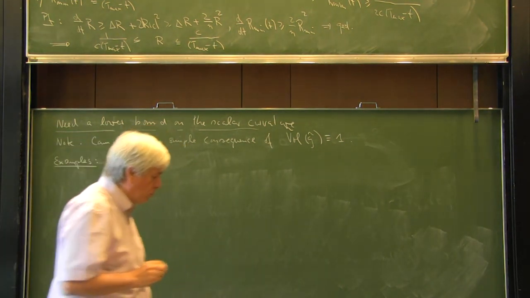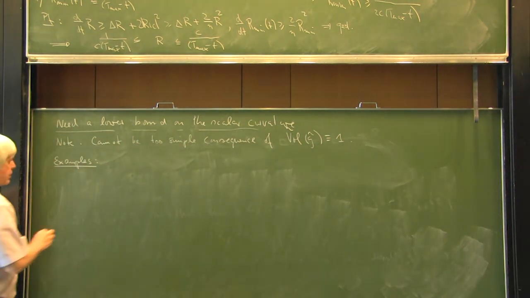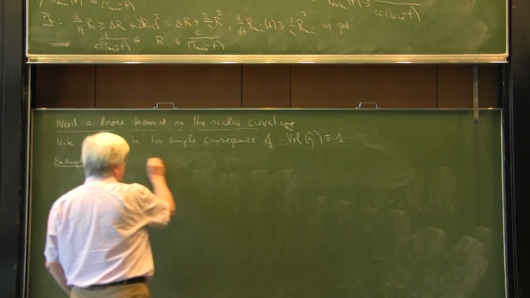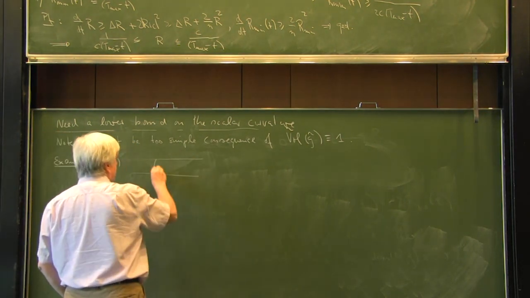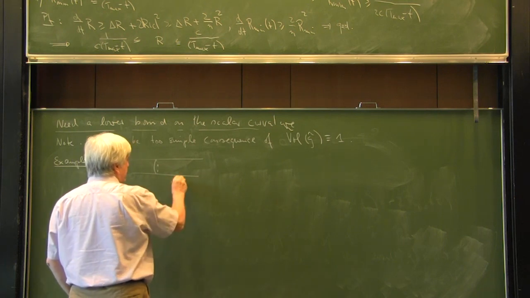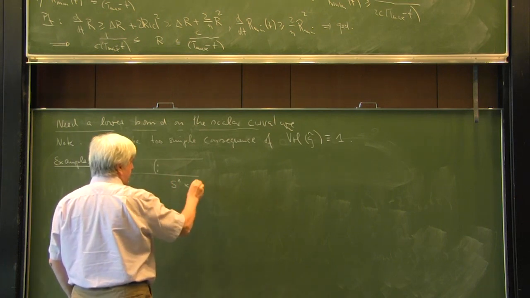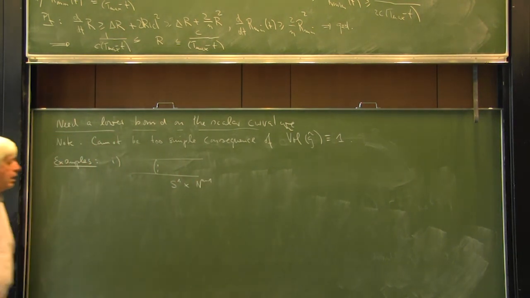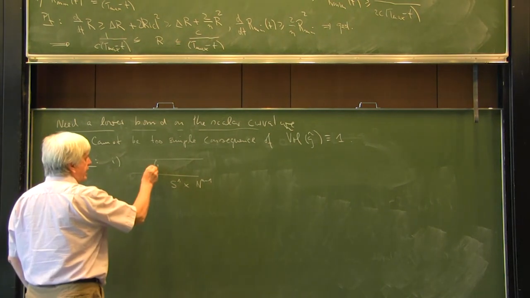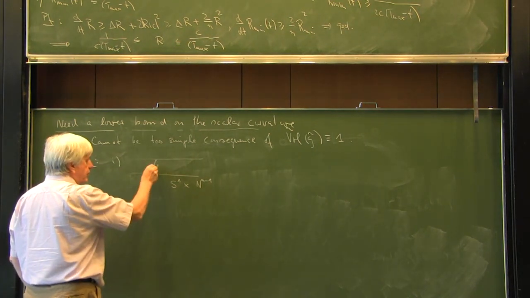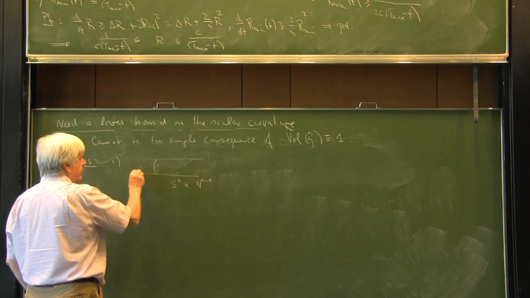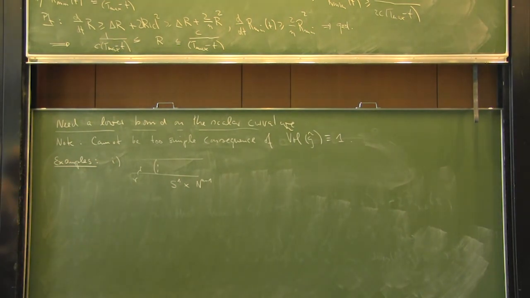The first example is just the cylinder S1 cross some other manifold of dimension n minus 1, and take the radius to be the radius r.